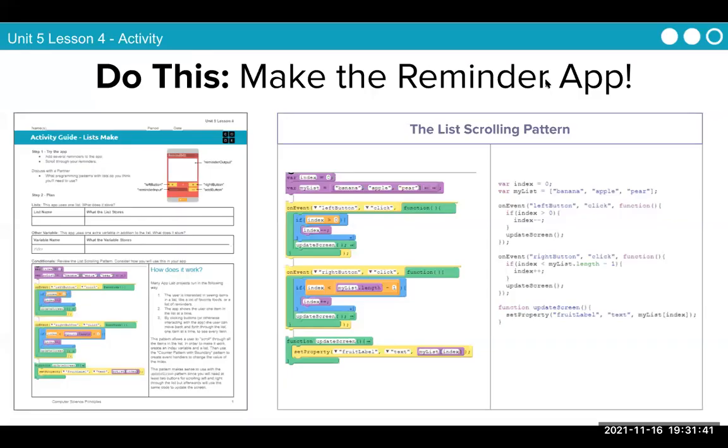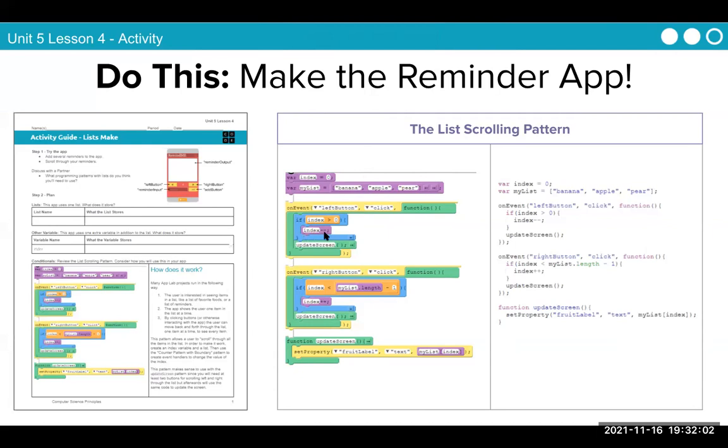So the list scrolling pattern is this idea that we saw yesterday for the first time, the idea of a left button, and it is indexing, it's evaluating index. If index is greater than 0, index minus minus.